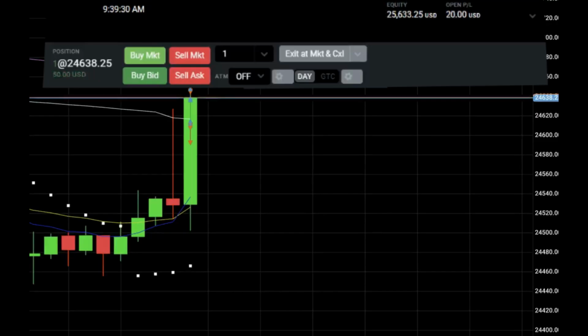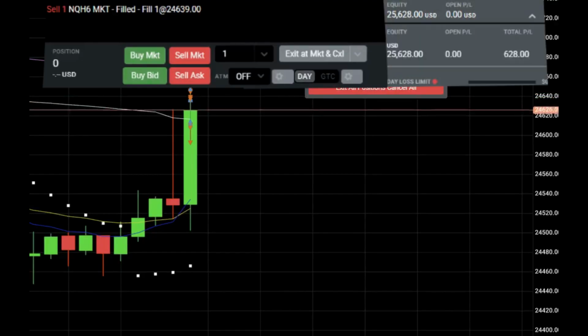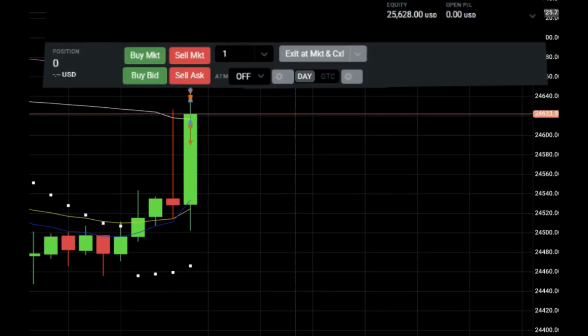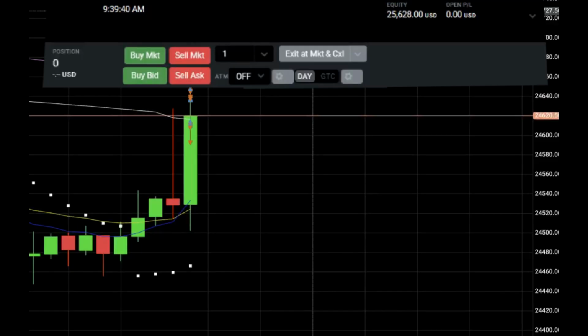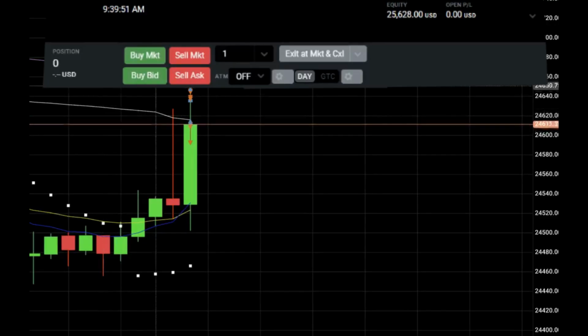Not that much, obviously. And there we go. We're right at 628. So 628, that is perfect for the day. We were supposed to make 625, only $3 over. So both the 25K account and the 50K account have one day under their belt. Need to do the same thing the next day to get them to be real money accounts.